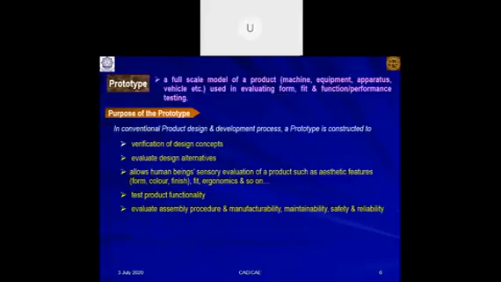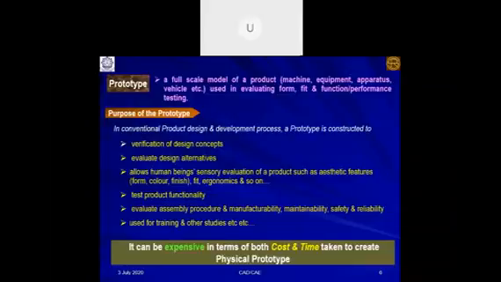Before launching any product, whether it is an automobile, household appliance or aircraft, you have to check that it can be easily assembled and easily manufactured, and also the after-sale maintenance, safety and reliability issues have to be evaluated before launching, which is why you have to evaluate all these things over the prototype. Sometimes a prototype is also used for training and other study purposes. A particular product or machine is run by operators, so for operator or user training and other studies, a prototype is required.